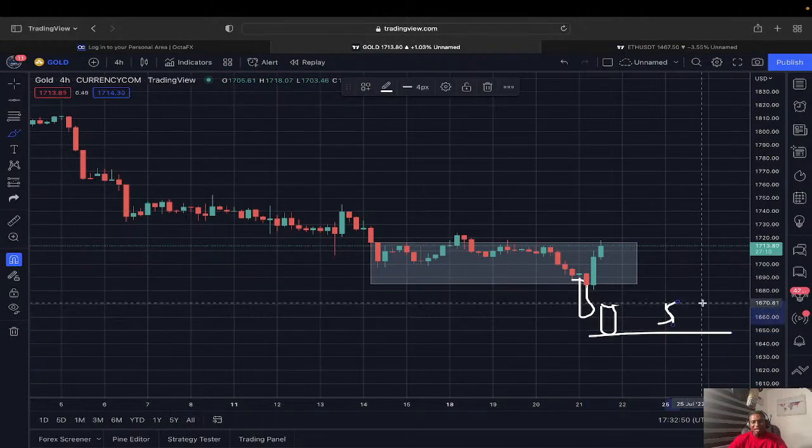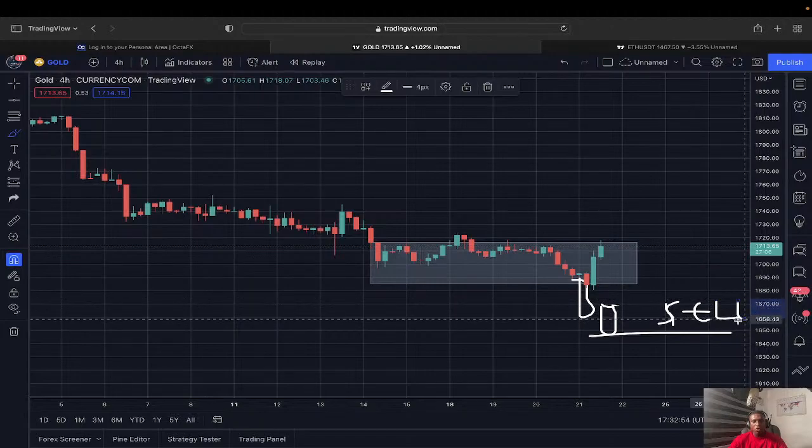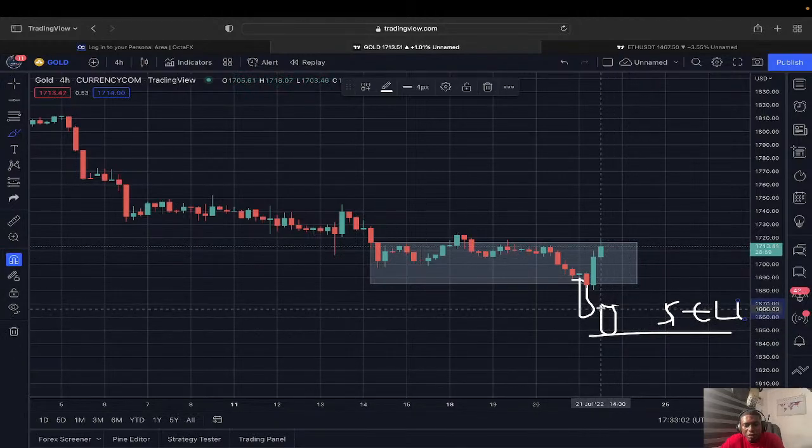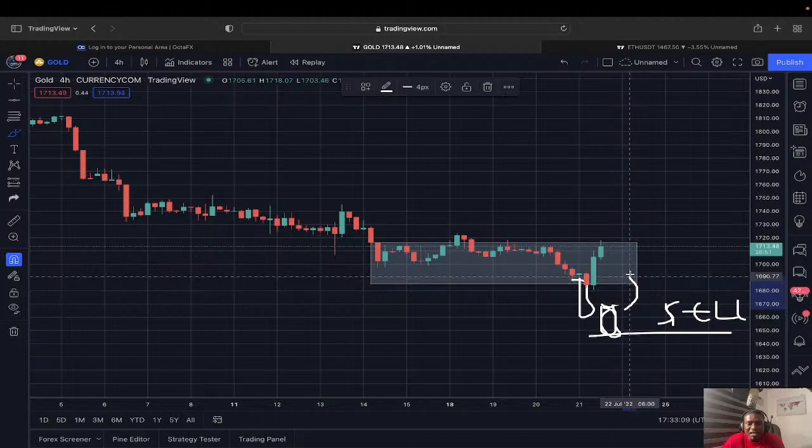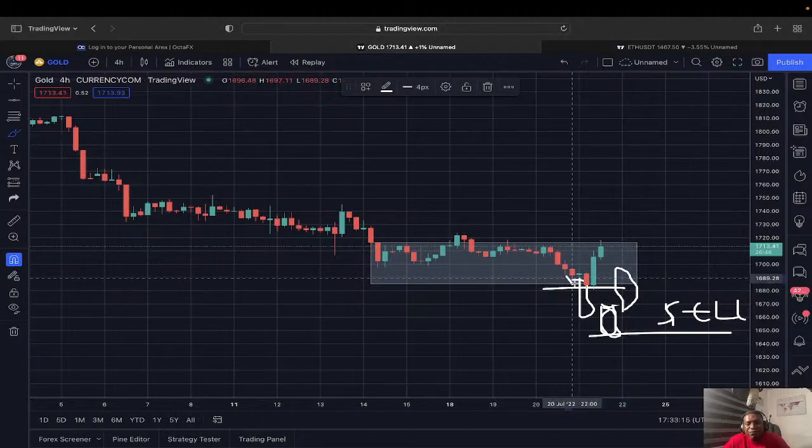But if this candle did not close below, if the candle reverses back and closes inside the level it broke out from, that is a fake breakout candle.